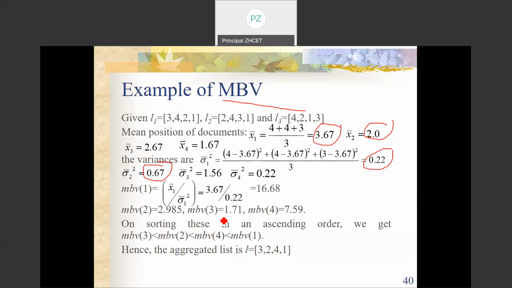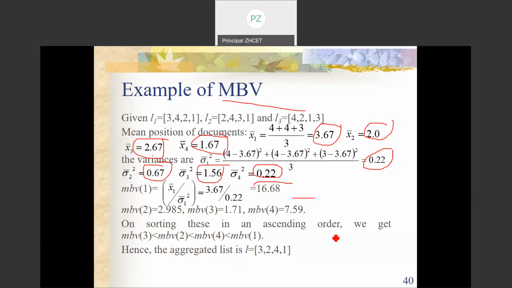MBV3 is likewise x3 bar divided by sigma 3 square, 1.56. And then finally 1.67 divided by 0.22 would give me MBV4.